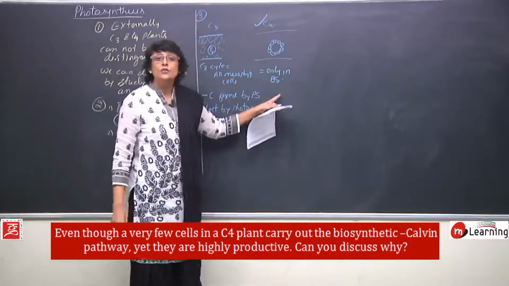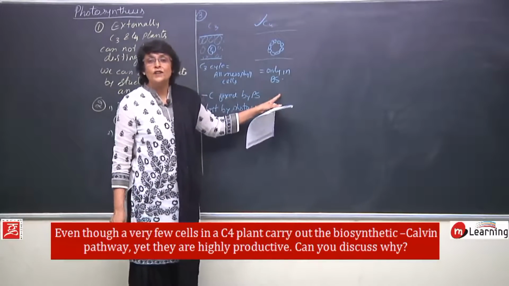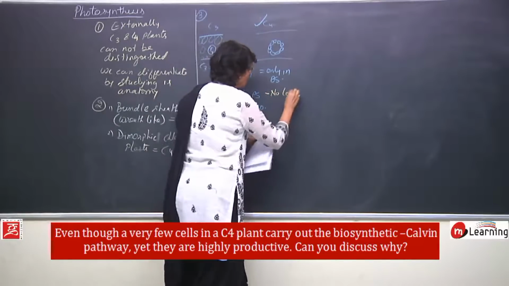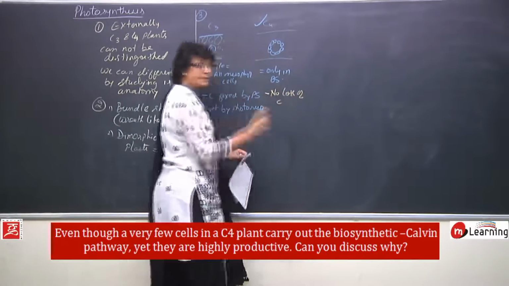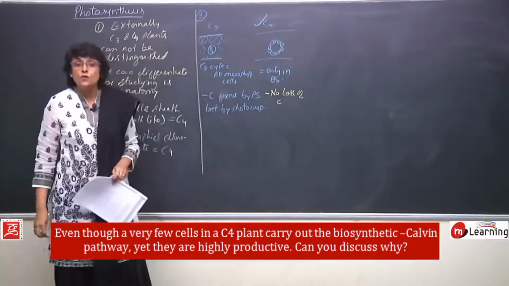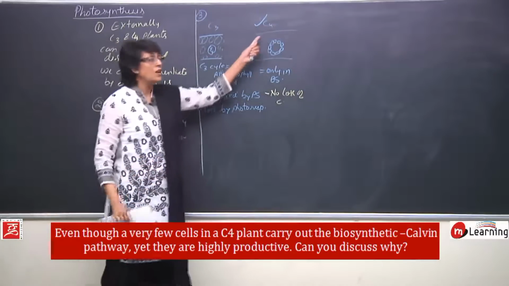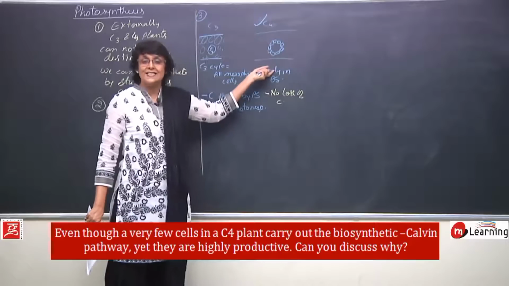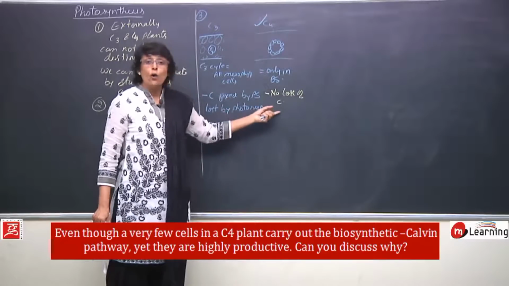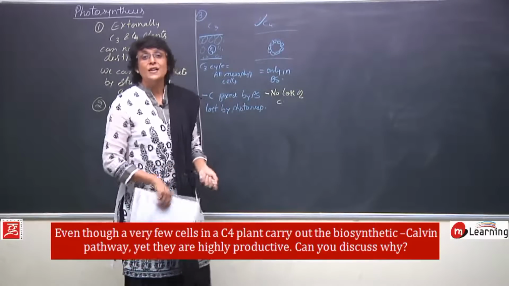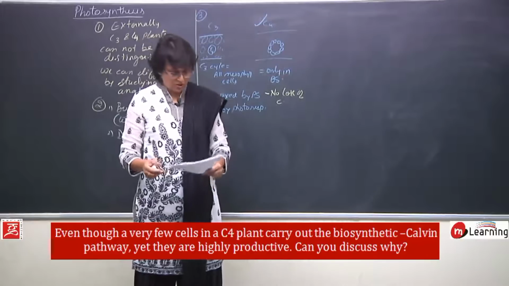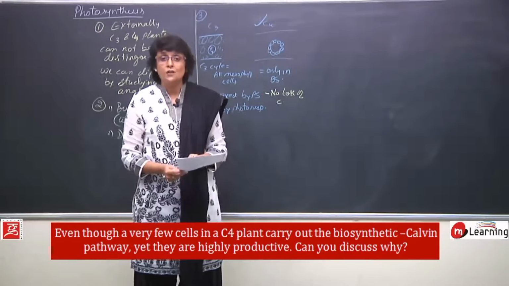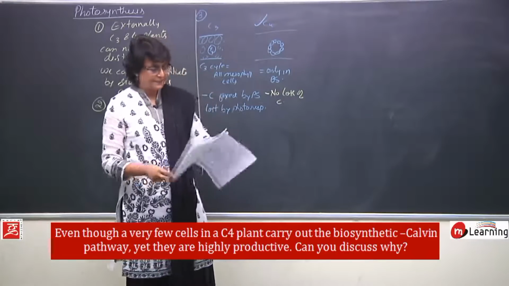But here there is no loss of carbon by photorespiration, which is seen in C4 plants, and that is why this adaptation, this Kranz anatomy, to avoid the loss of carbon by photorespiration. That is why the productivity of C4 plants is higher.